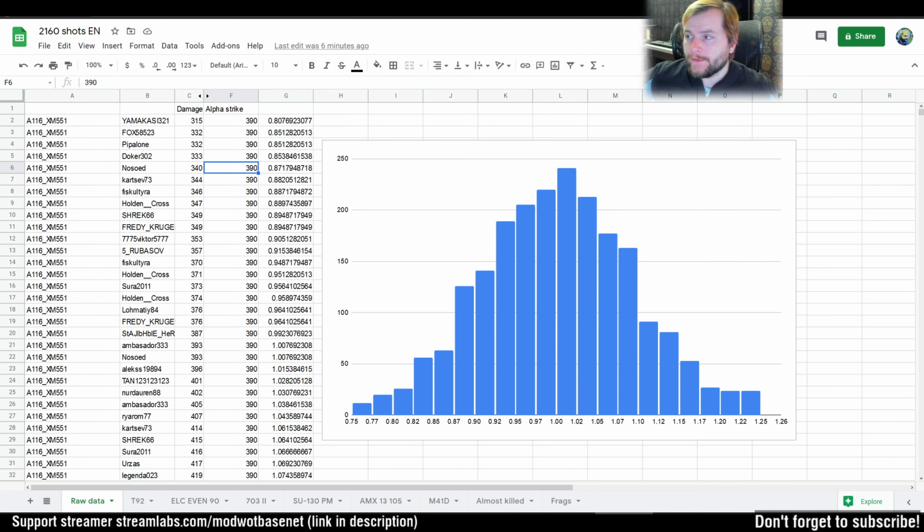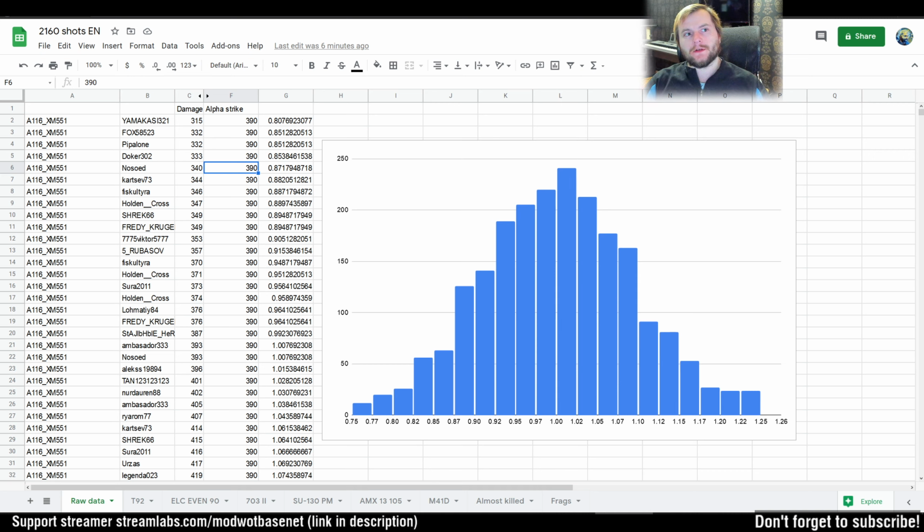I was interested how and why. It seems to me like if someone has a pretty low HP, which is definitely in range of my alpha strike, how it will or not destroy the enemy tank.